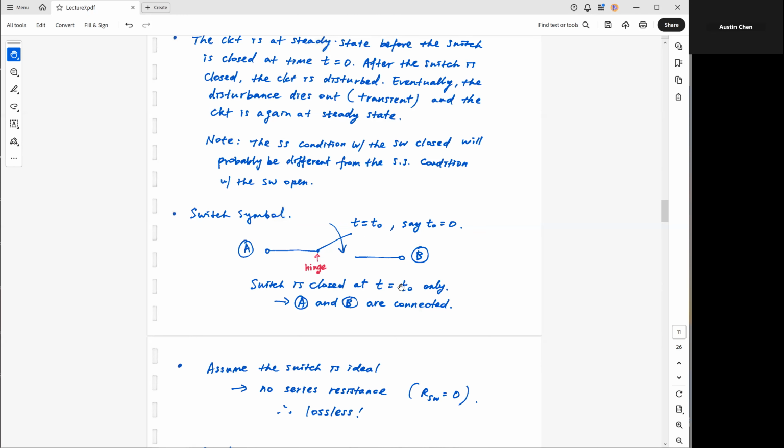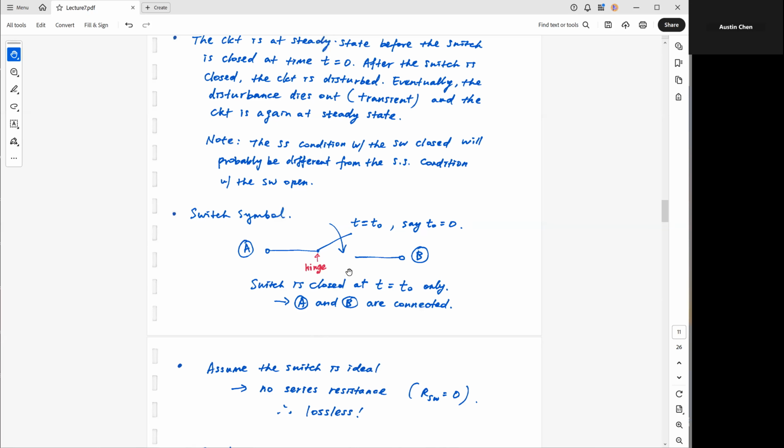When t is equal to t0, that's the only time this switch is going to be in the closed position, over here. And that's how you establish the electrical connection between point A and B. So again, when t is equal to t0, this arm is moved from this point to this point, following this arrow here.